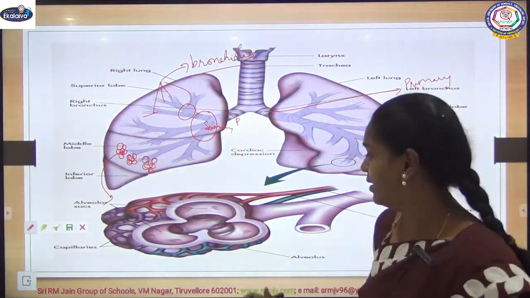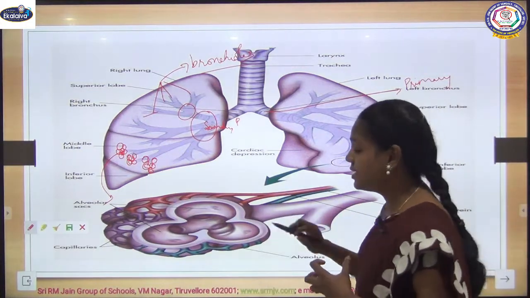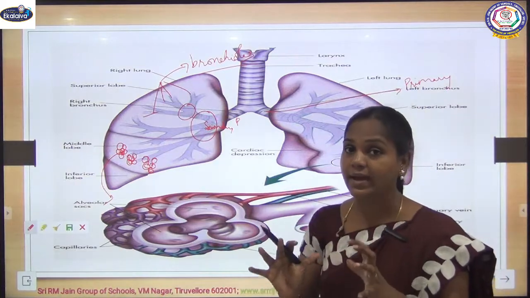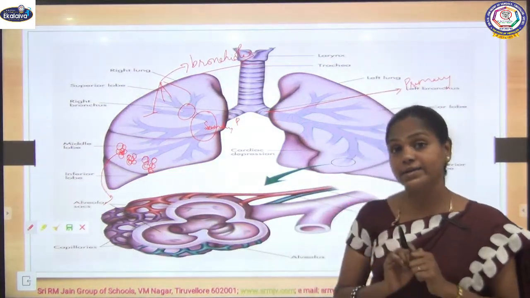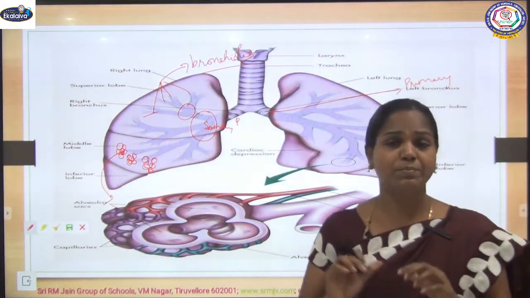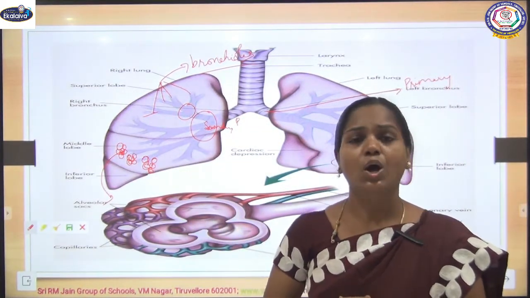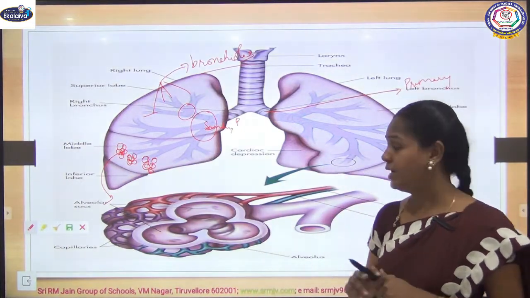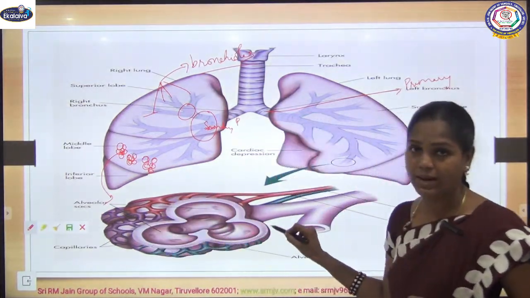In the same manner, when we inhale, these alveolar sacs are filled with air and get expanded. The other added advantage is that there are millions and millions of alveoli in a single lung, and our alveoli are enriched with blood supply.